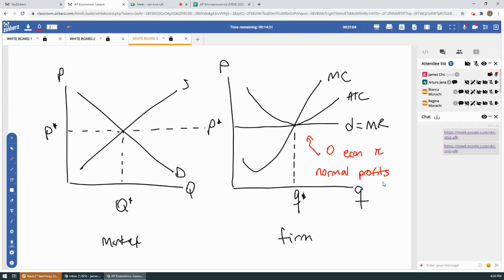When your profits are positive, we actually call that abnormal profits. You're earning even more than your normal profits. So no matter if we start from positive profits or negative profits, we're always going to be moving to normal profits, zero economic profits. And once we get there, there's no more reason to change.